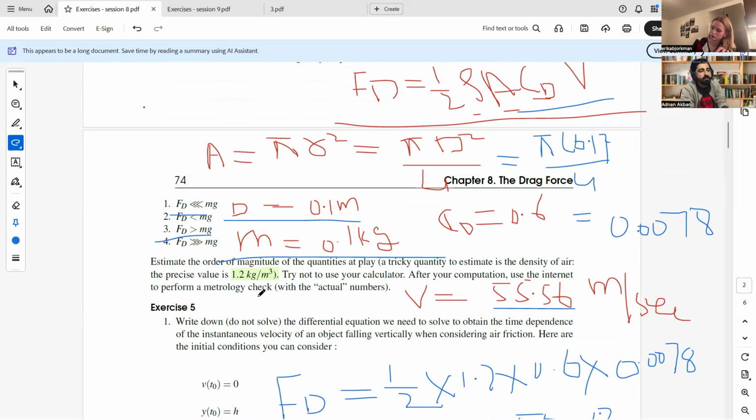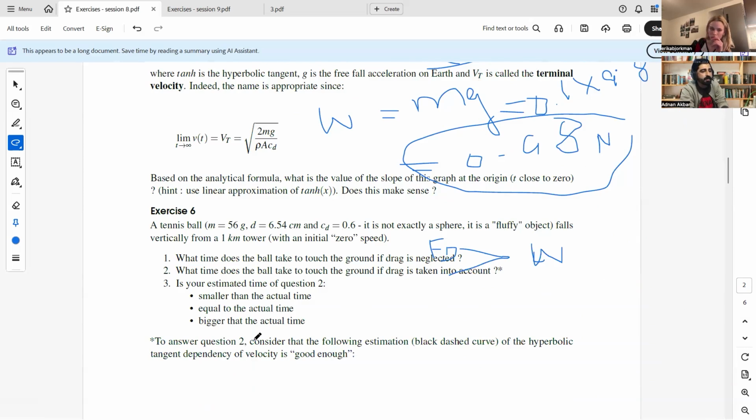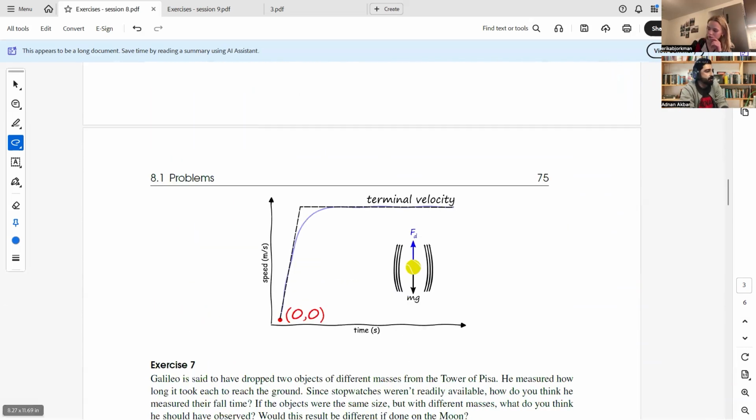What is the second part? We need to perform a metrology check with the actual numbers by using the internet. So these are the values that I have found from the internet, and these are also part of your module, you can check at the end.